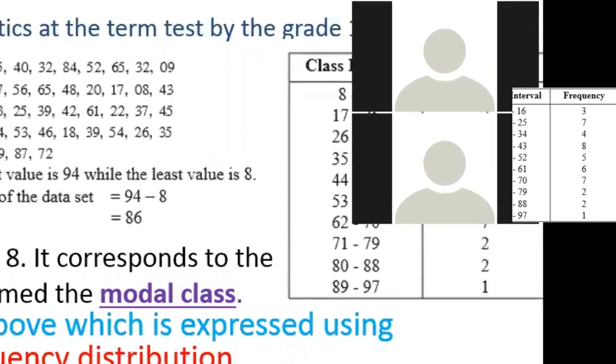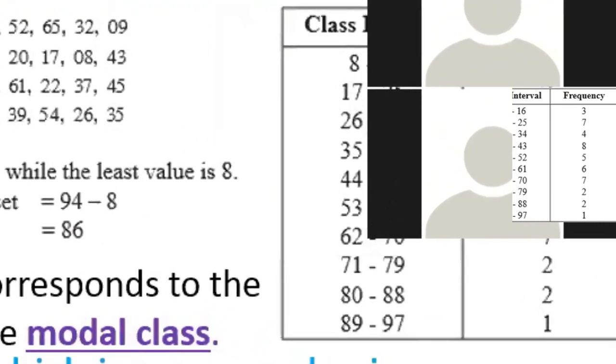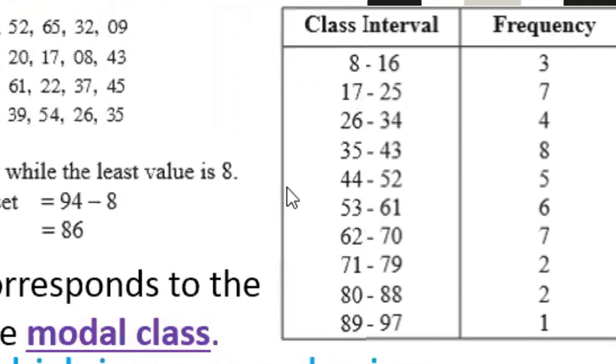Also, here we can see the size of the class interval. Sometimes we may think the size is 8, since 16 minus 8 is 8. But actually it is not 8, it is 9, because we have included 8 also.